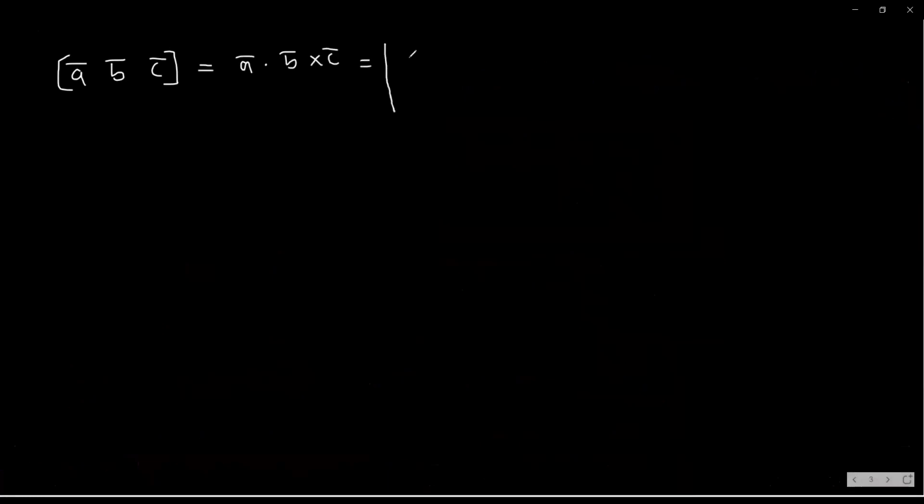Now, you have to commit to memory that box product of a bar, b bar, c bar is a bar dot b bar cross c bar. And then you have to know that this is equal to a1, a2, a3, b1, b2, b3, c1, c2, c3.